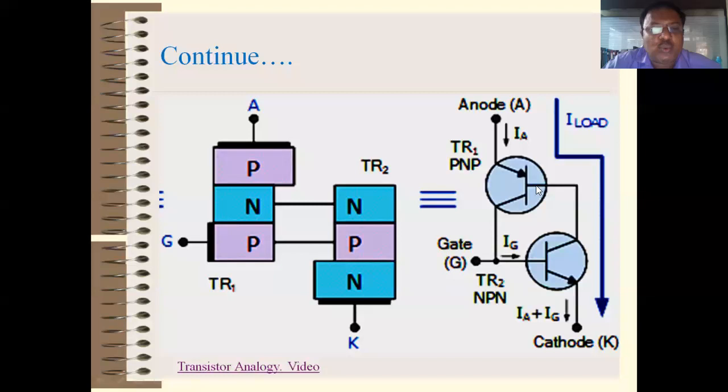It means 10 into 10, 100. So IC1 is 100. This is again applied back to the base of transistor T2. Initially, the base current of T2 is 1 milliampere, but after one cycle, the base current of transistor T2 is equal to 100 milliampere, right?